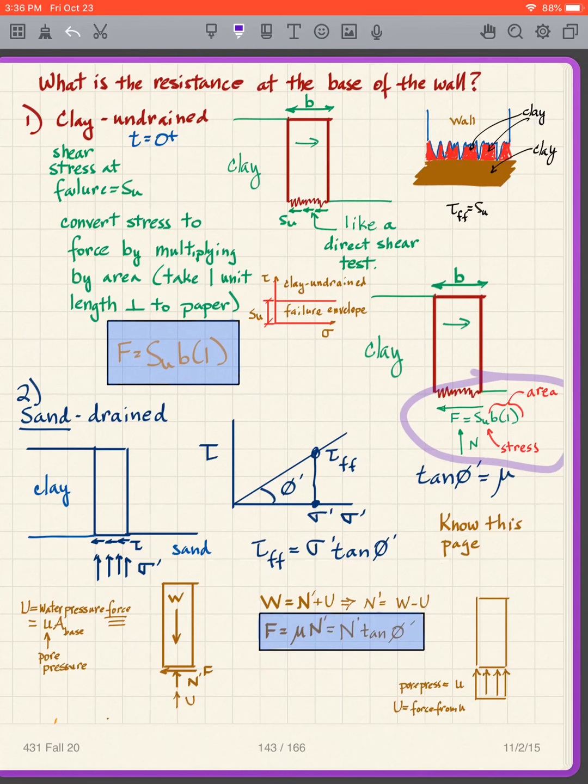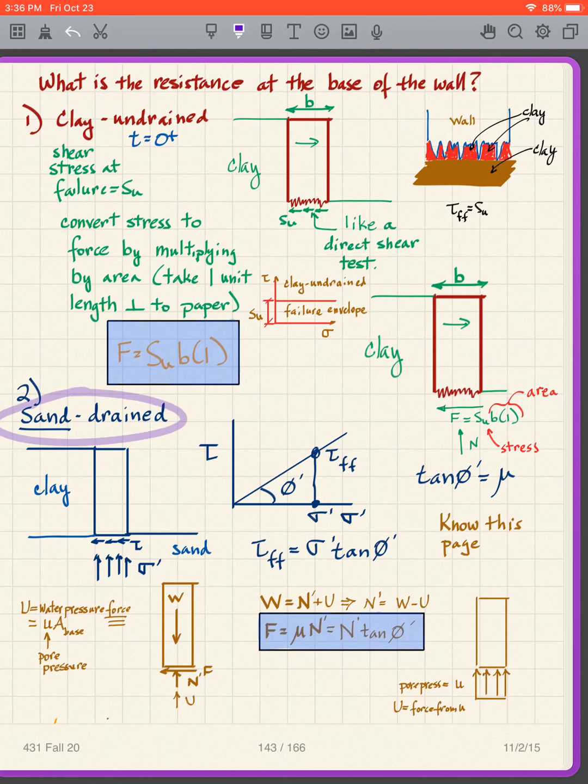In other words, my force is going to be SU times B times 1. I also have a normal there. For sliding, I'm primarily interested in the resistance, though. So the shearing resistance is SU times B times 1. And that's how I handle the situation for clay undrained, phi equals 0.